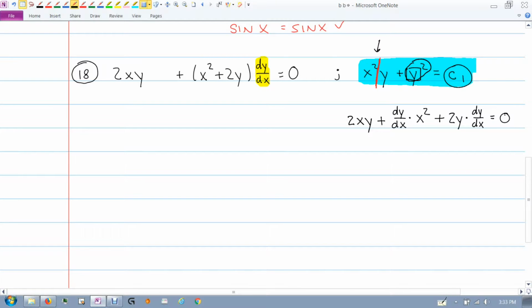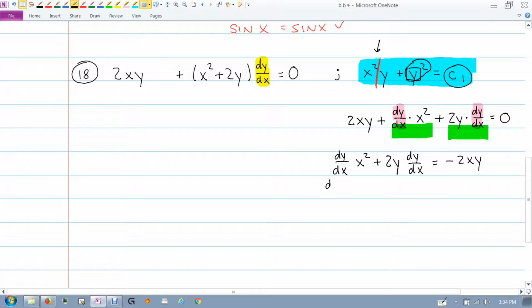Okay, now I need to try and solve for dy dx over here, so I need to get dy dx by itself. Both of these terms, this one and this one, have dy dx in them. So I'm going to leave those on the left-hand side, and then I'm going to move the 2xy to the other side, so it becomes negative 2xy.